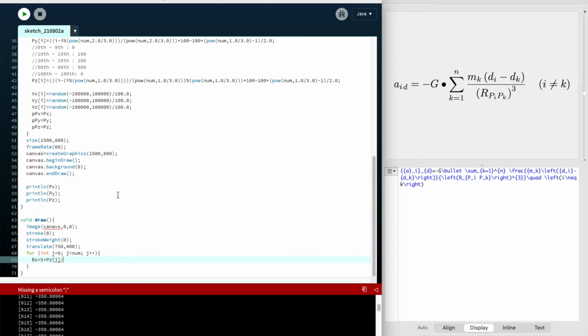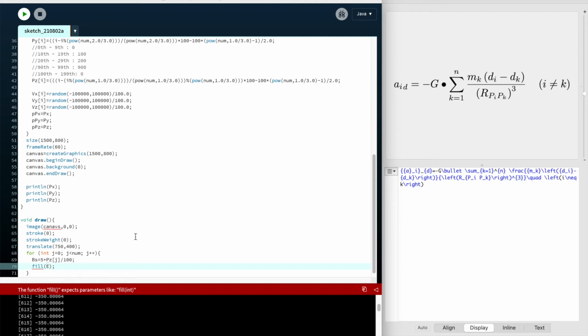So divide this by 100 or something. I'm going to change these values after I run the simulation if it doesn't look good. But for now, let's say it like that so that the ball gets bigger when the z position gets larger.